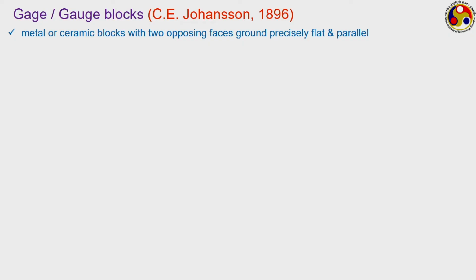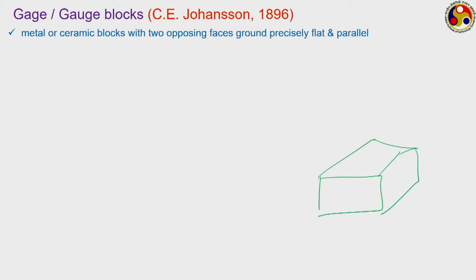They were first proposed by C. E. Johansen in 1896, and that is why they are often called Johansen blocks as well. Gauge blocks are metal or ceramic blocks with two opposing faces ground precisely flat and parallel. That is, we are talking about a 3-dimensional block like this, generally of rectangular cross section, but its cross section can be something else also.